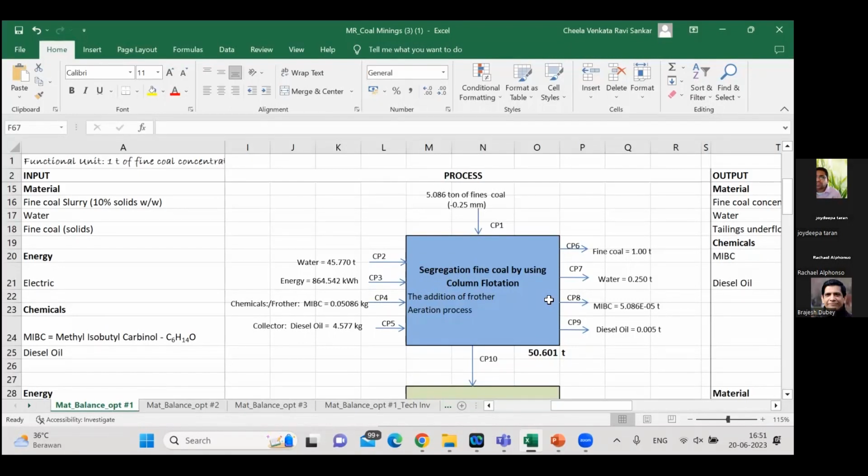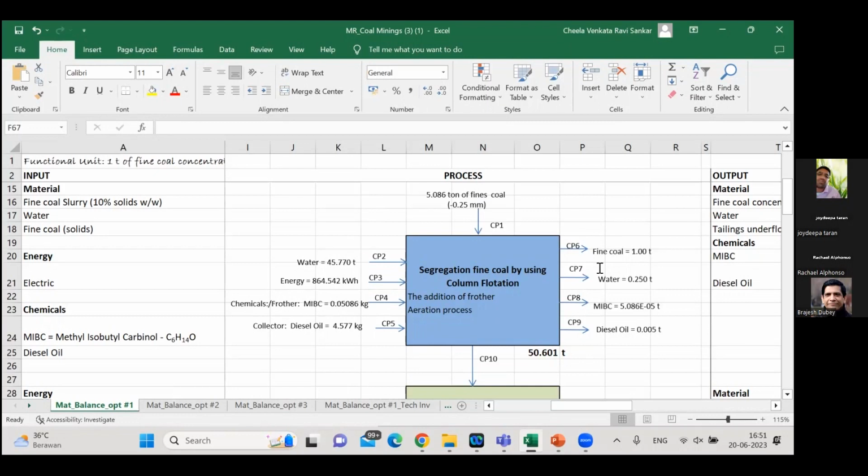Go to that particular field, start speaking with the people, and take out the literature, and start understanding the process. Once you understand what segregation of fine coal using column flotation is, you sit with different experts in that industry and with academic experts, and start sorting out what inventory data you require for this unit process.